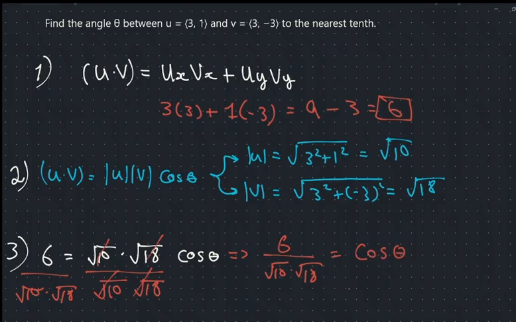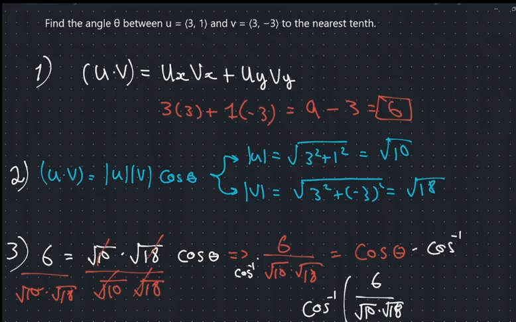And then what we do is just cancel the cosine by multiplying by inverse cosine on both sides. Therefore, our result is going to be cosine inverse of 6 over root 10 times root 18 is equal to theta. Therefore, we can calculate theta now.